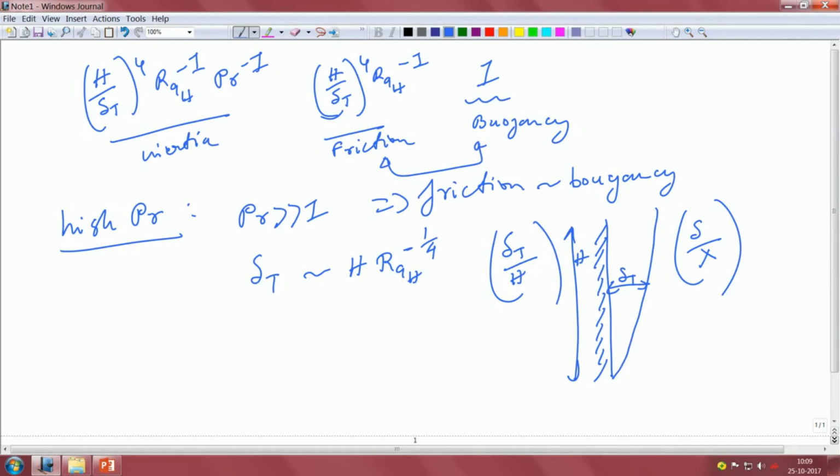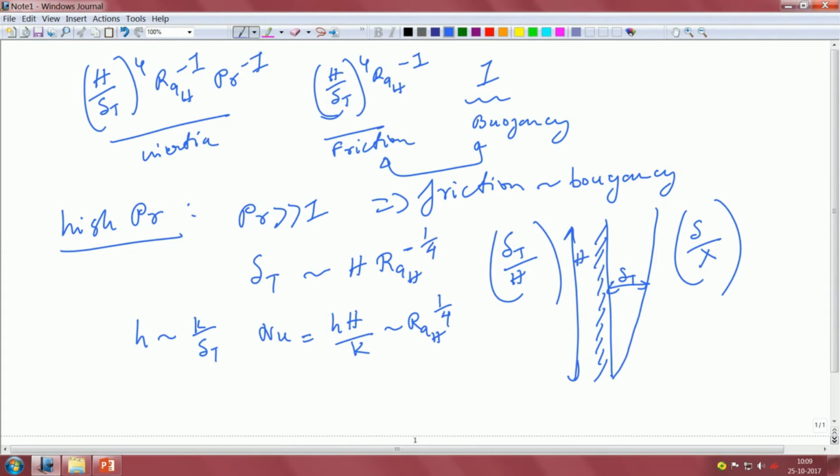As we know, the heat transfer coefficient h scales as k over delta T. This is still the same, it is the inverse of the boundary layer thickness, right. So, the Nusselt number in this particular case is this, where H is the relevant length scale of the problem, and this represents Ra_H to the power of 1/4, right.